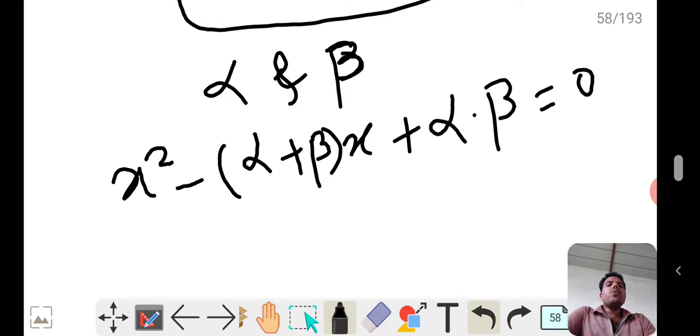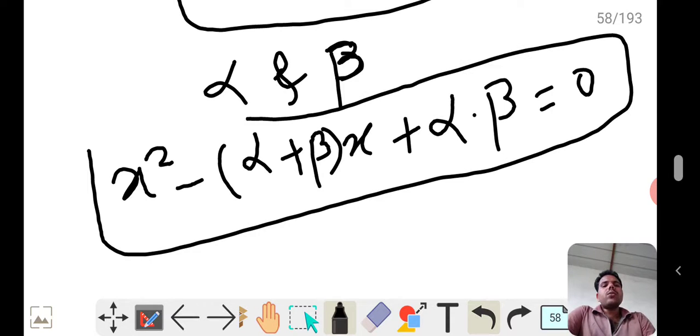So if we know the roots of quadratic equation, then we can write the quadratic equation in this form. So let's see some examples from the practice set 2.5.